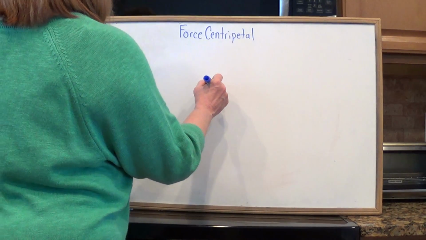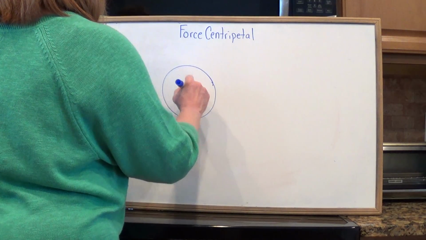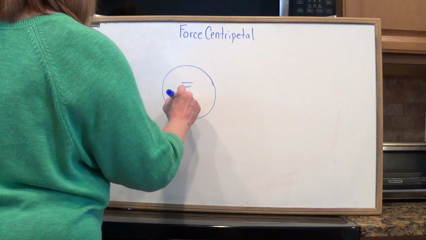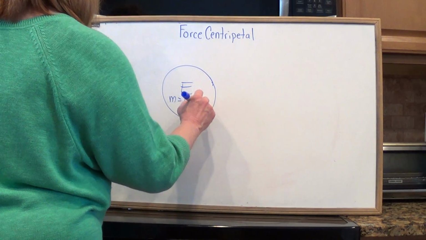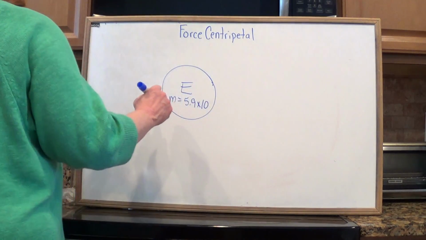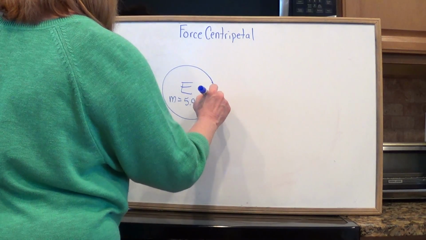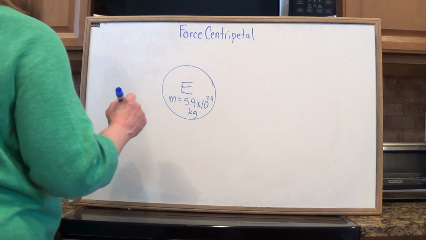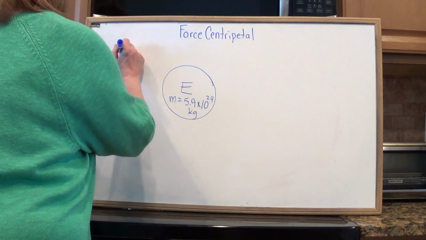This time we will take a massive object, the Earth, and the Earth has a mass of 5.9 times 10 to the 24 kilograms. We also need to know the radius of the Earth. I'll put it up here.